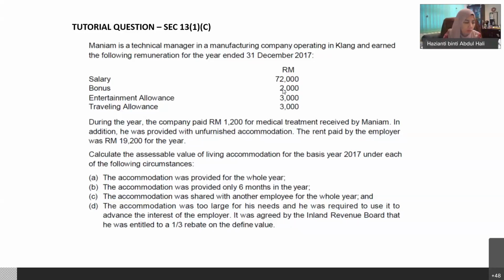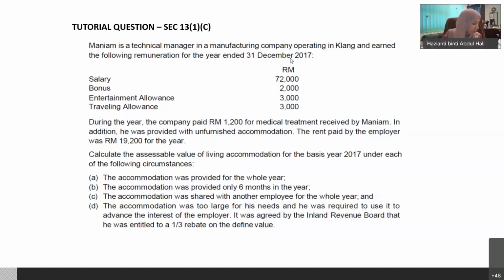Sekejap. Following remuneration, bonus. I think the jawapan yang ada dalam ni salah lah. Dia letak bonus 12,000. You all guna bonus 2,000 ke 12,000? 2,000. Okay, then the figure is wrong. Yeah, because dalam ni dia kata earn the following remuneration for the year ended 31st December.